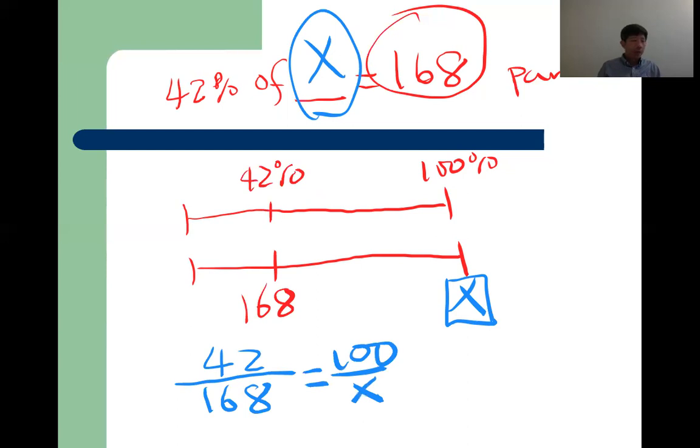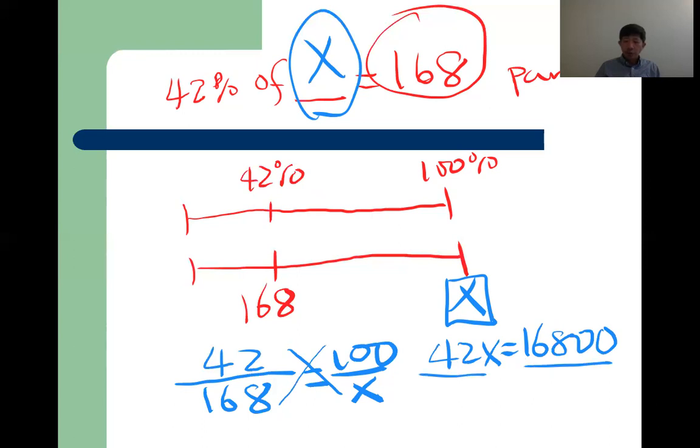Then you cross multiply: 42x is equal to 168 times 100, so you got 16,800. Next, you divide both by 42. x should be 400.